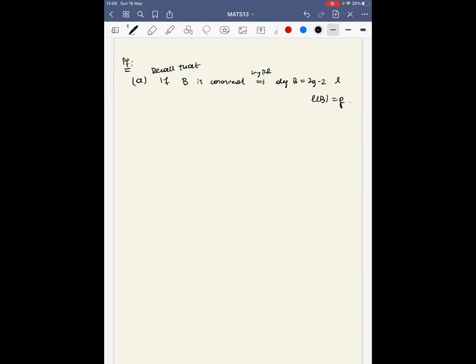And conversely, we can also see that if we have a divisor B whose degree is 2g minus 2 and its dimension is bigger than or equal to g, then B is also canonical.